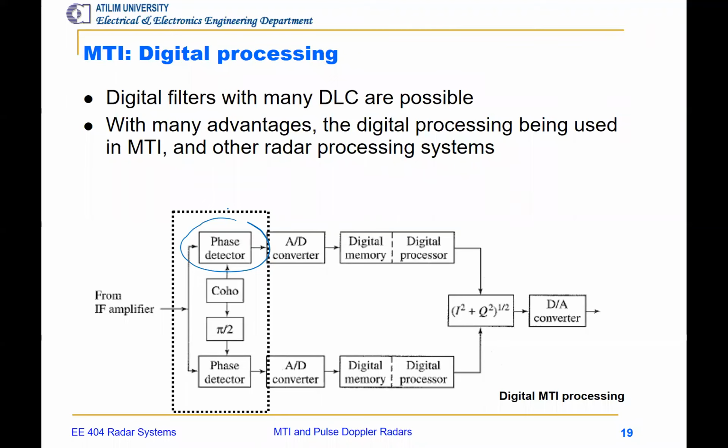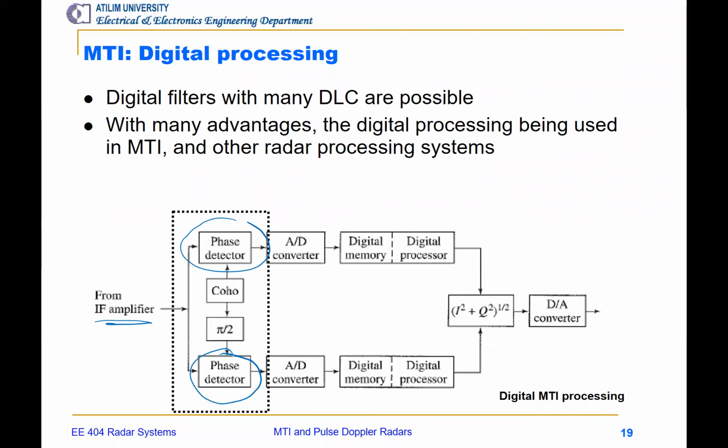A generic receiver structure for MTI is shown here. The signal from the IF amplifier is split into two channels and applied to two phase detectors.